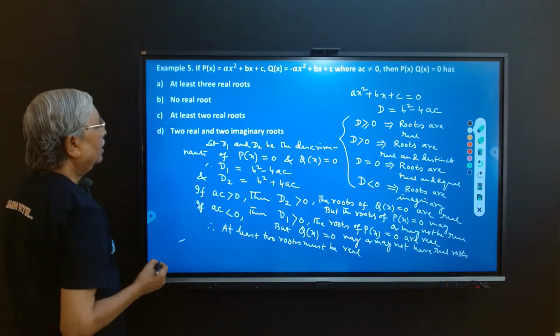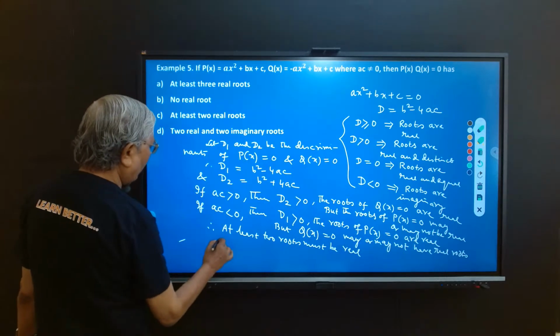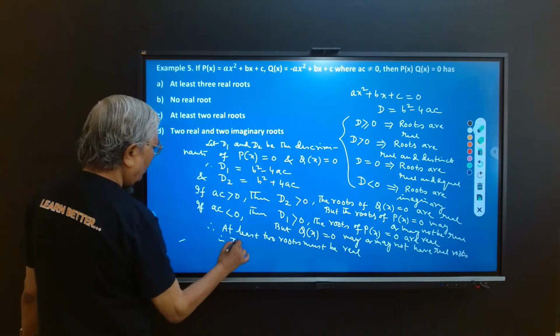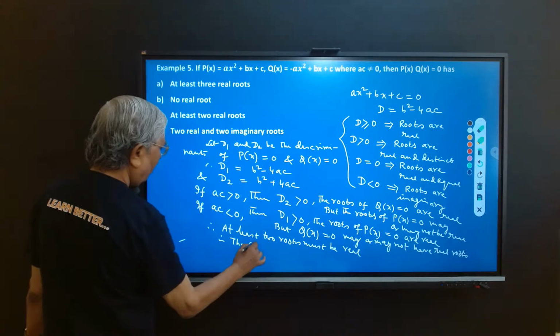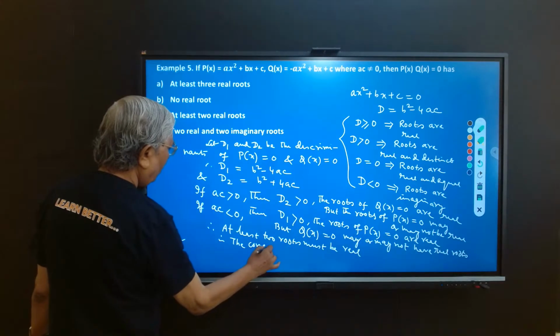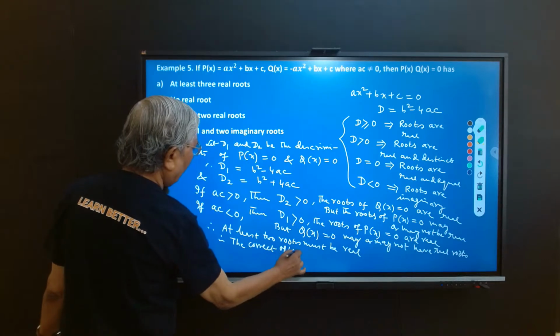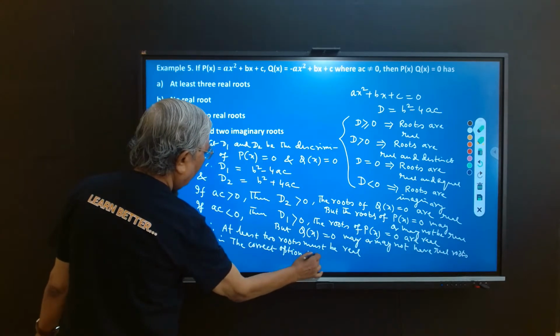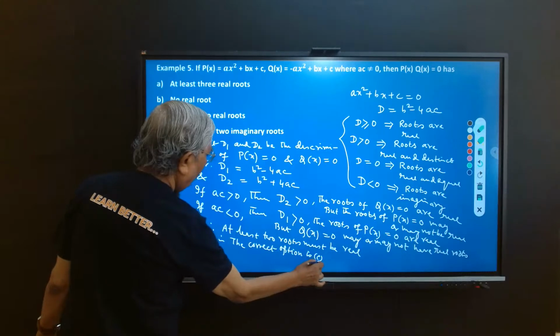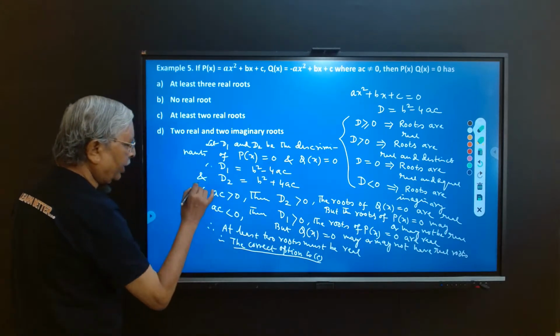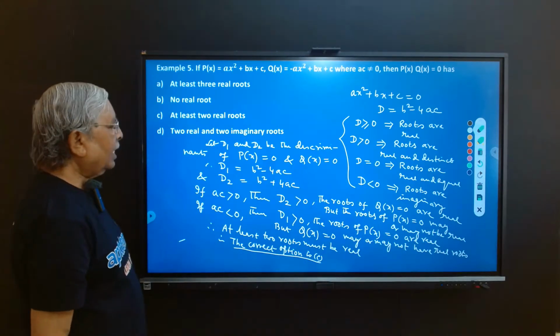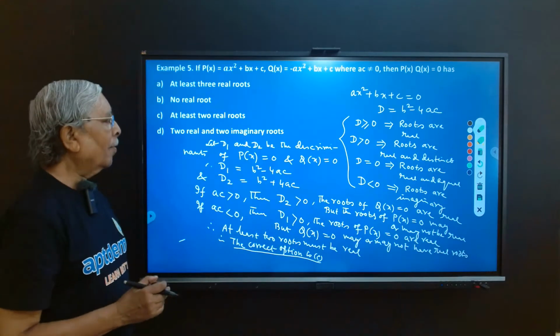What is the option? Therefore, the correct option is C. At least two roots are there.